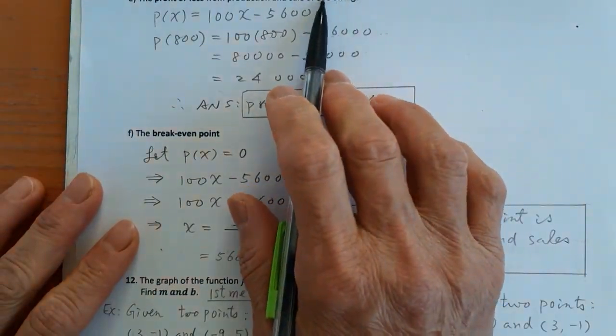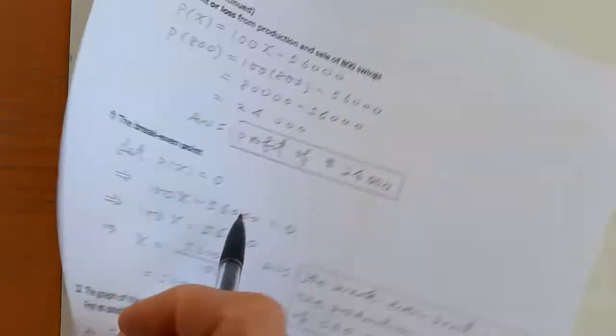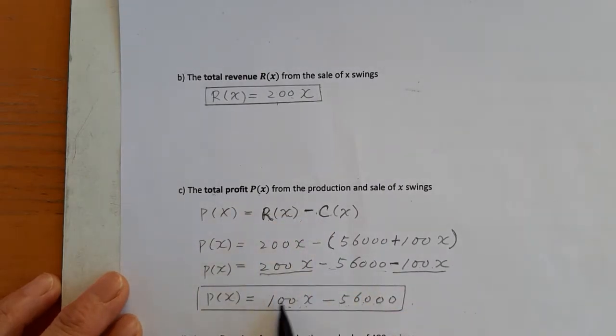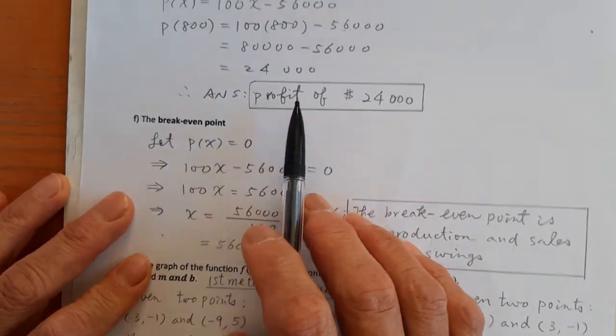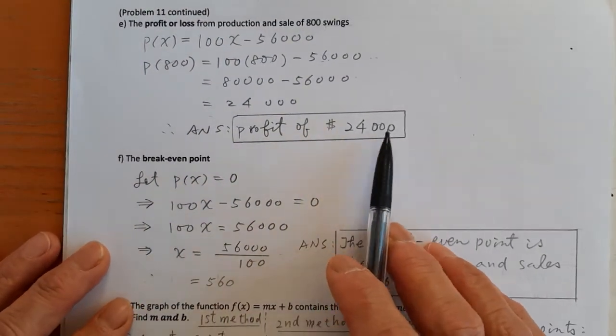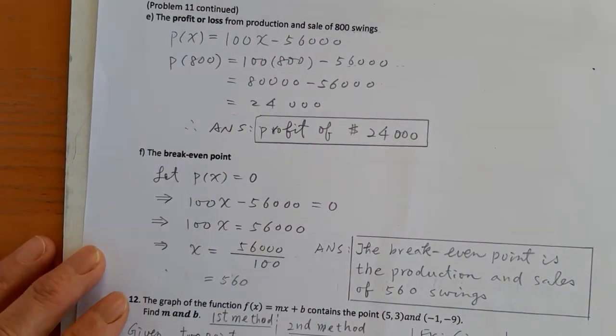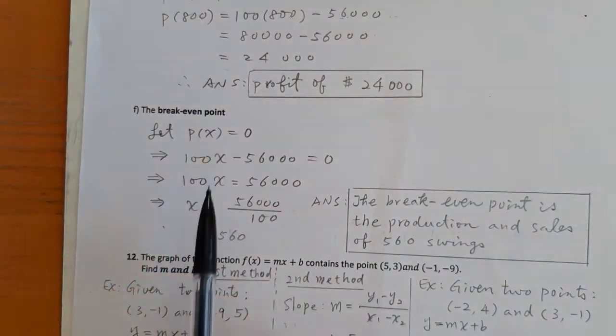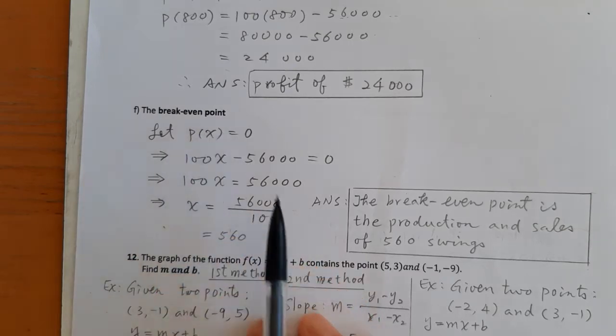If you increase up to 800 swings, then you plug into this total production function, and you will get net income, a profit of $24,000. So here I ask you the break-even point.